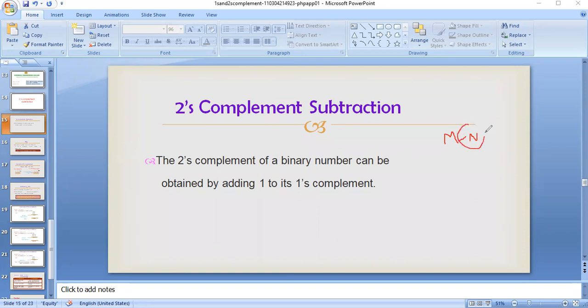We have to find the two's complement of the subtrahend. How do we find it? First, find the one's complement. After that, add 1 to the LSB. So you will get the two's complement result.